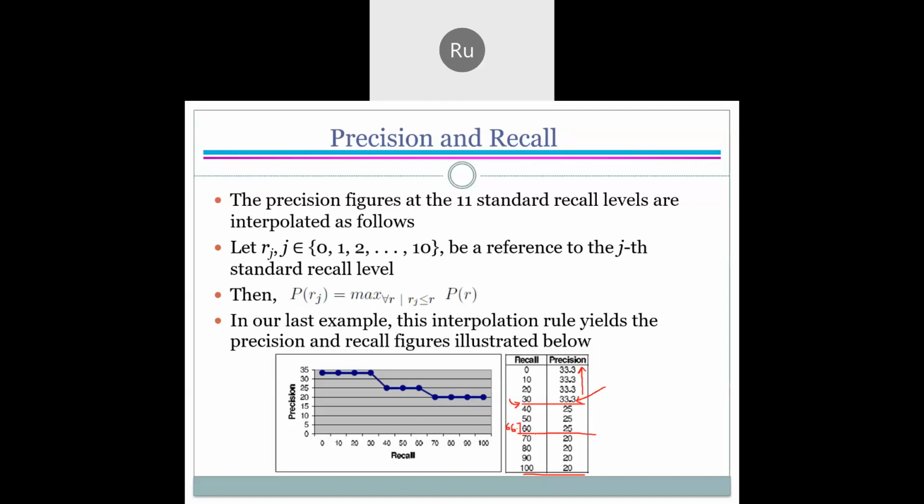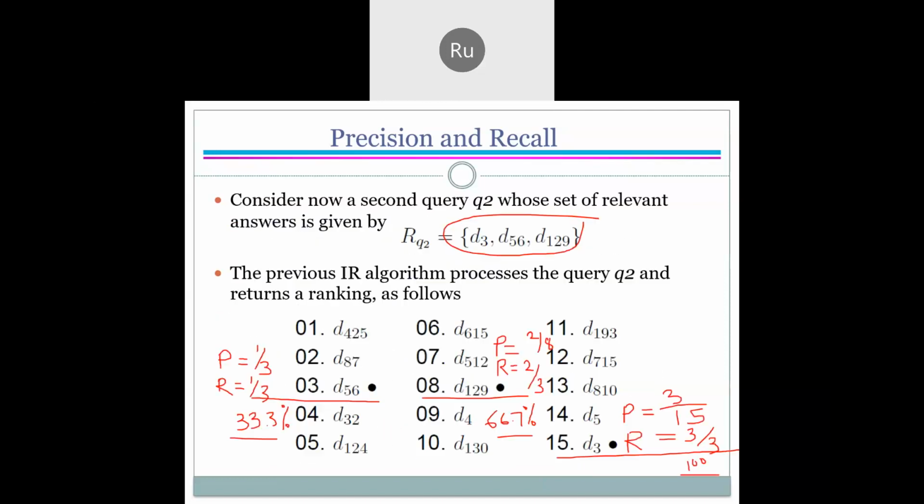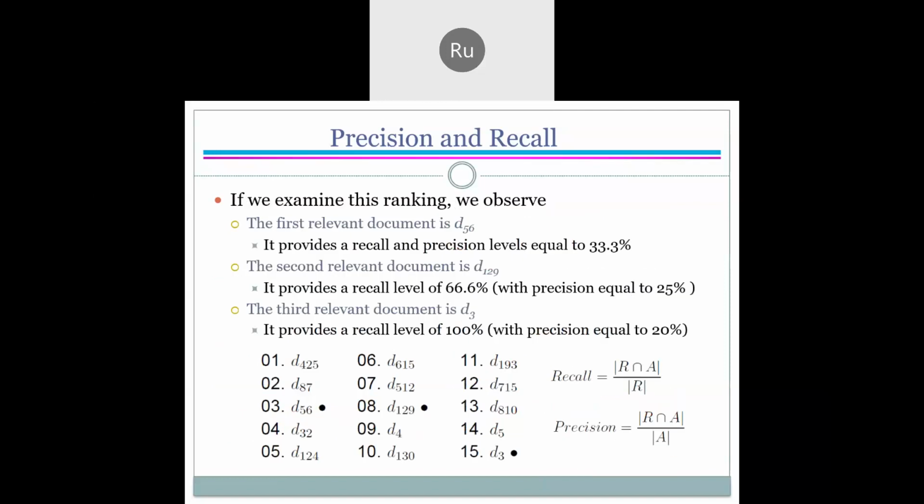So we put a 60, then the value is 25, then it will copy the rest of them. Then the last one is 100, 20%, right? I think it refers to here. Same, no?